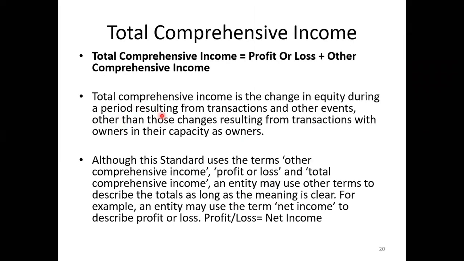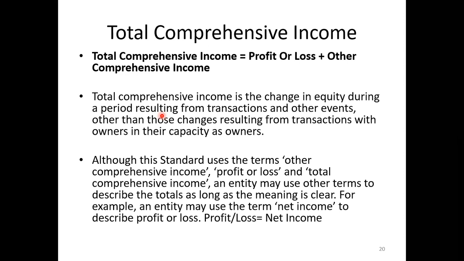Total comprehensive income is the change in equity during a period resulting from transactions and other events, other than those changes resulting from transactions with owners in their capacity as owners. In simple terms, profit or loss will directly impact equity. If it is profit, it will increase the equity.